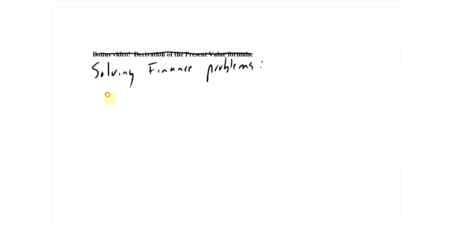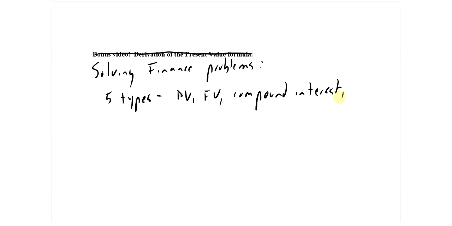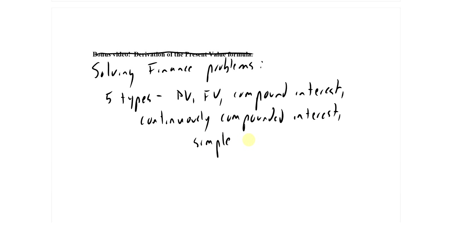So there are really 5 types: present value, future value, compound interest, continuously compounded interest, and simple interest. Those are the 5 types.